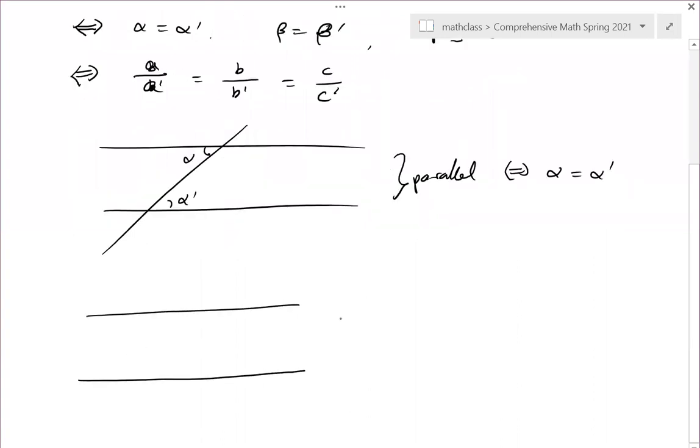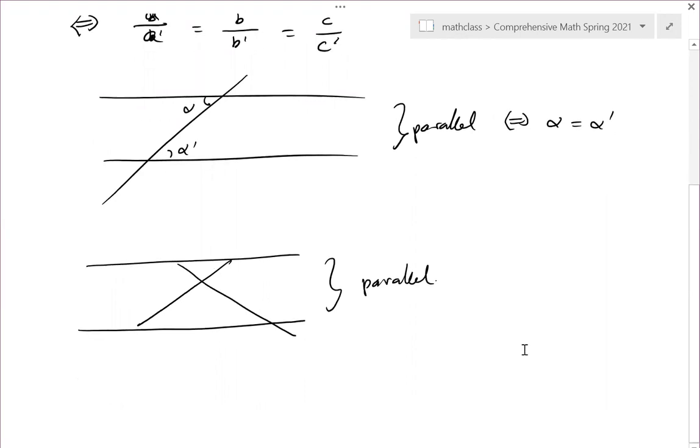Assume this is parallel. I draw the two lines. Then what do you see? This is A, B, C, D, and E. I claim these two triangles are similar. How do you prove that?